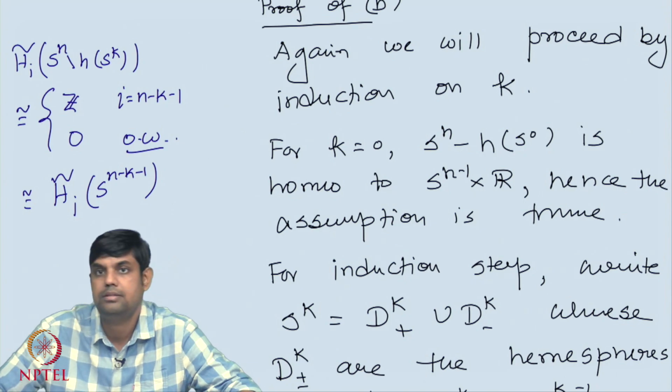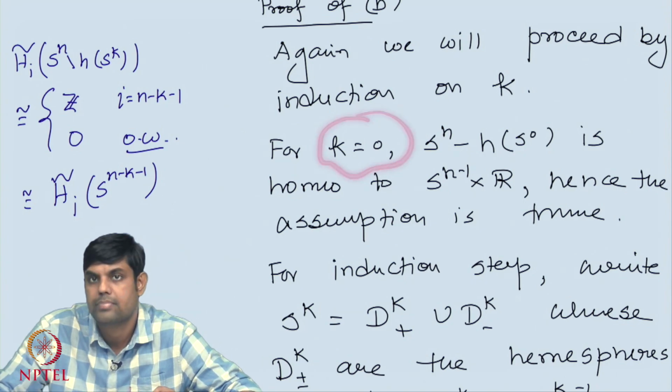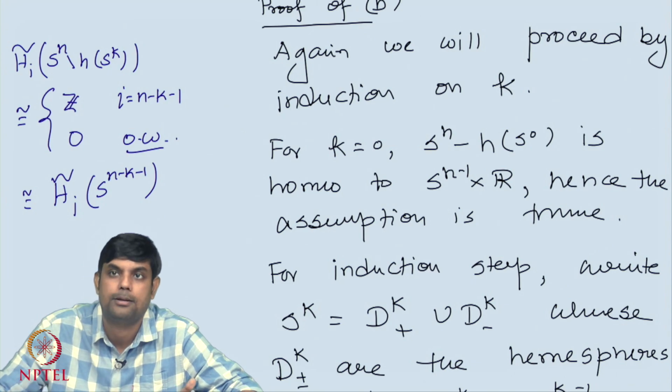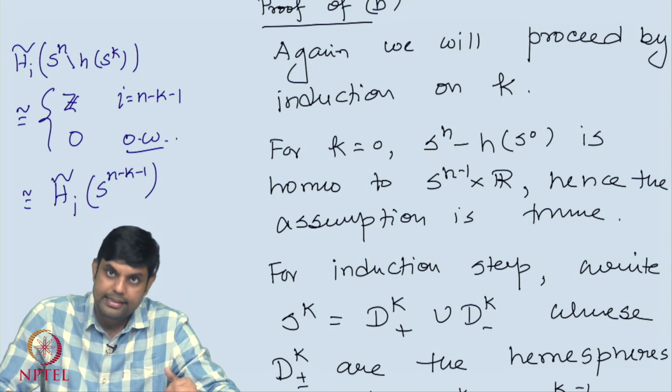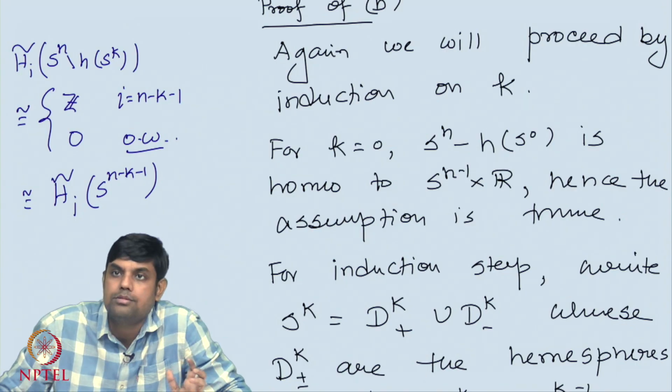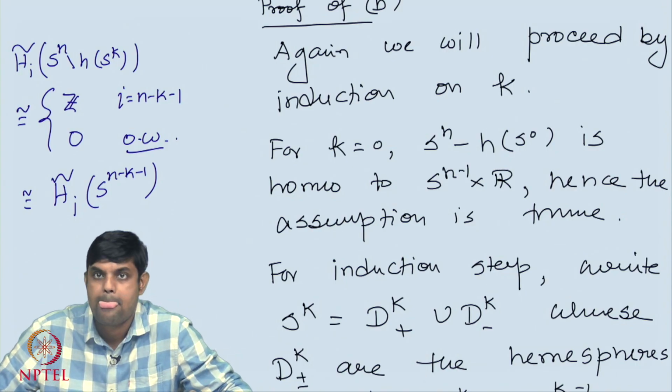So, we are going to proceed by induction. First assume that k equals 0. Okay. So, S0 is just 2 points. Because S0 is just 2 points, Sn minus 2 points is homeomorphic to Sn minus 1 cross R. Okay. Right.